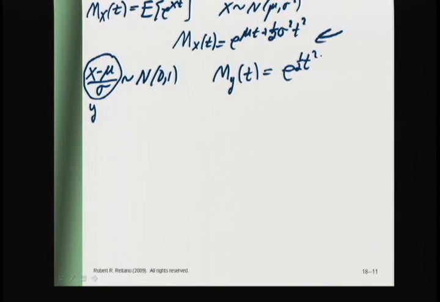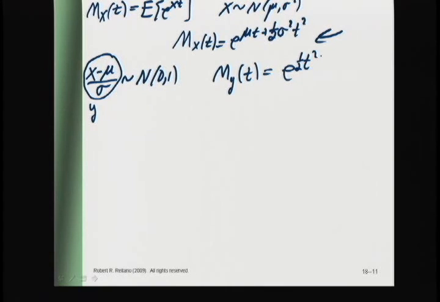If I look at the moment generating function above it, there's only one random variable that has that moment generating function, and that is the normal distribution with a mu of 0 and a sigma of 1. And it's just that simple. It's the important characterizing property of moment generating functions. When they exist, they characterize the probability density function.